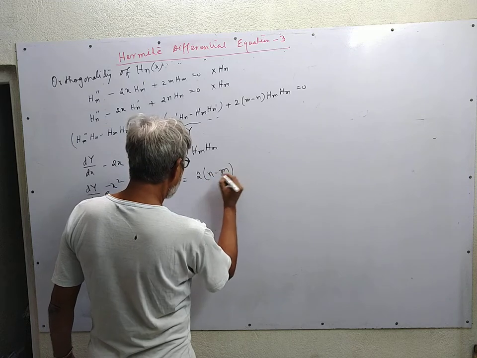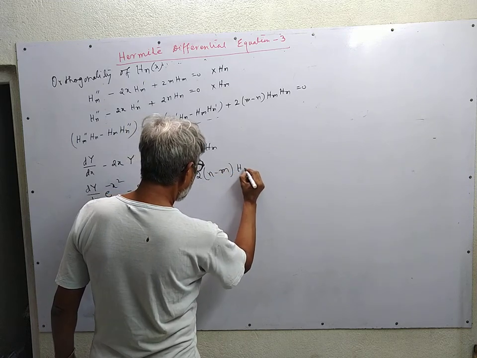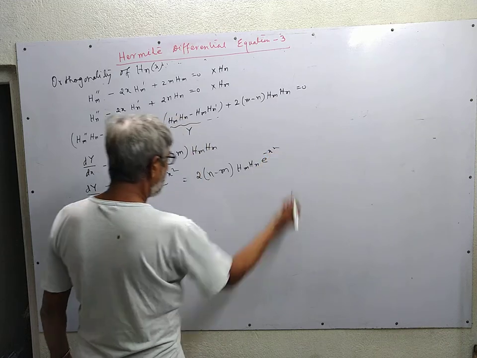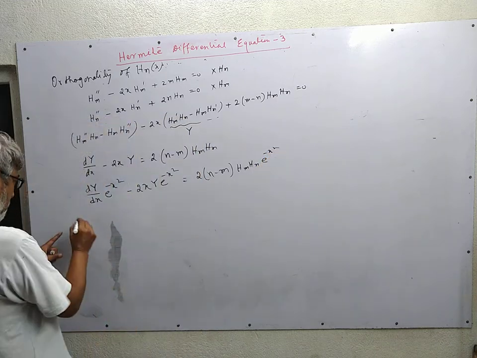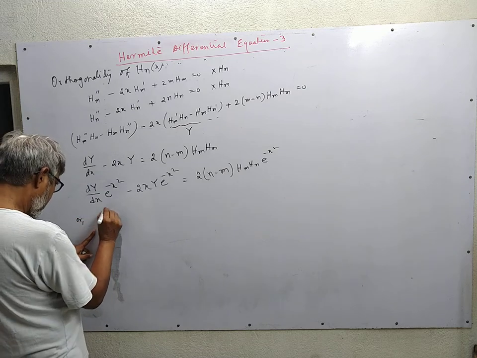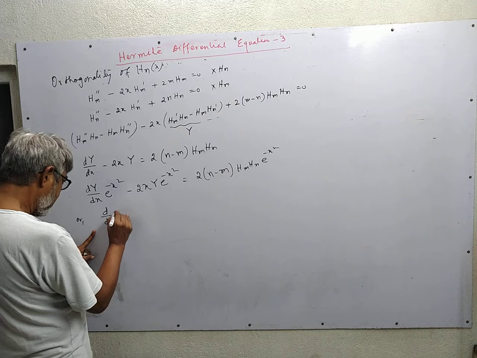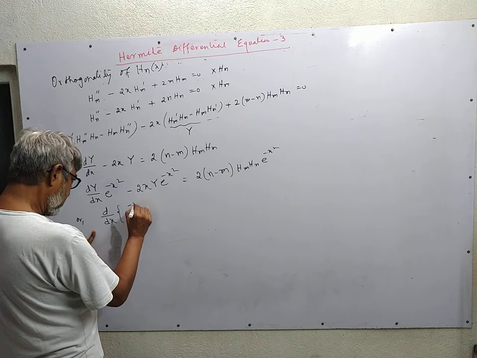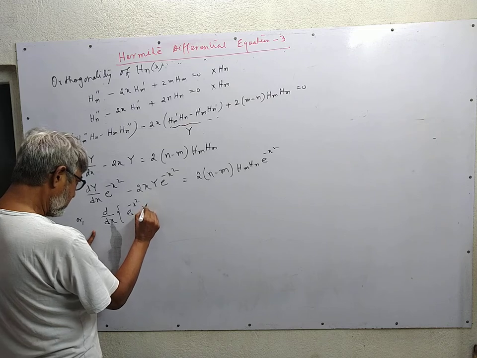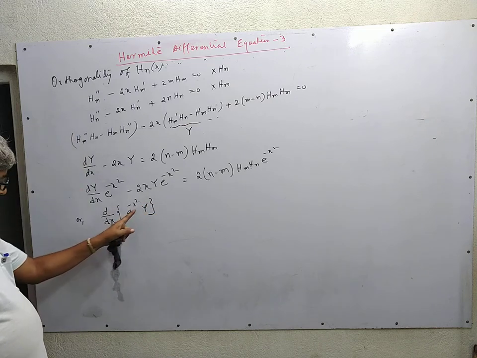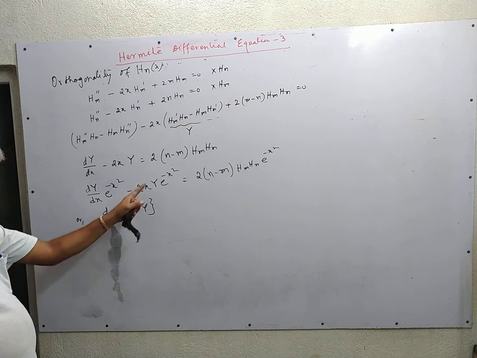This part is written as, when we differentiate y, this is, and when we differentiate this one, it is minus 2x.